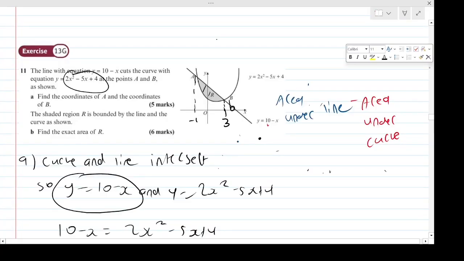Again, as a final reminder, the area under the line is that whole area, which is actually the trapezium. We could find the area of the trapezium, but instead I integrated simply under the line, and I took that whole area away from the area under the curve, and that got me the region R. Okay, so there we are.